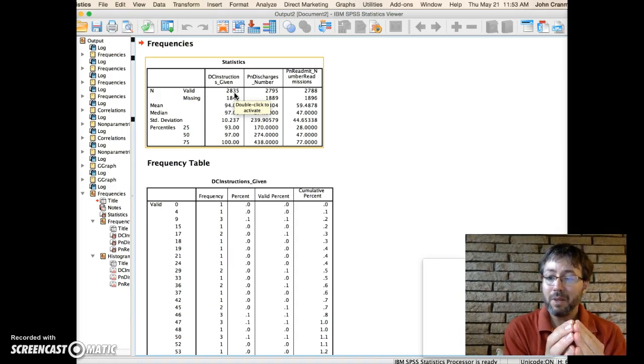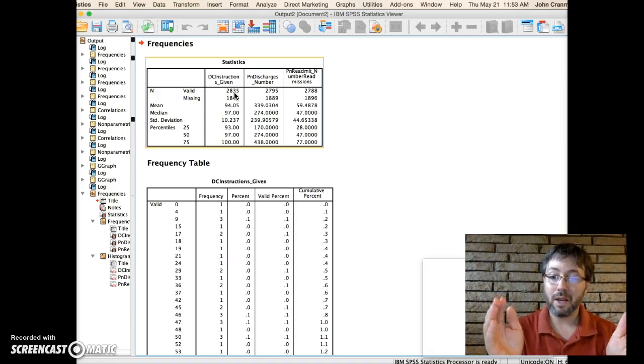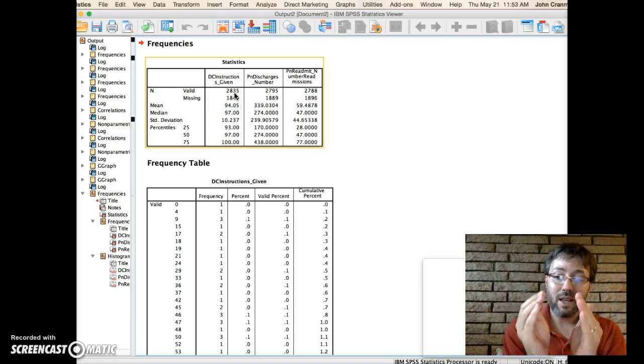So sample and population is usually much broader. And in our example, we said that all hospitals in the United States that take Medicare would form the population. Our data set is on 4,000 of those, approximately. And for this particular variable, we have 2,800 observations.